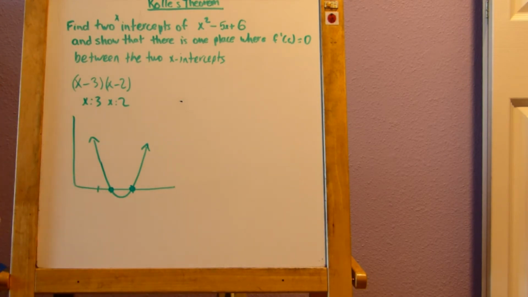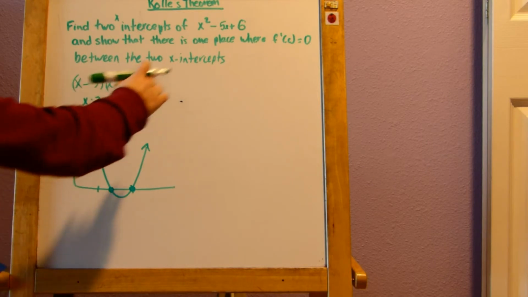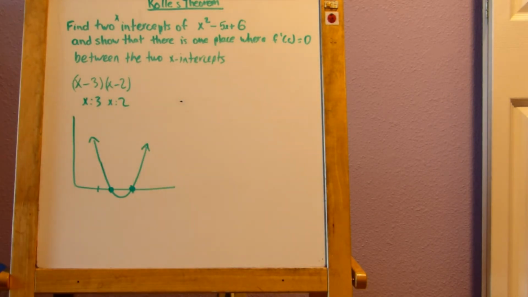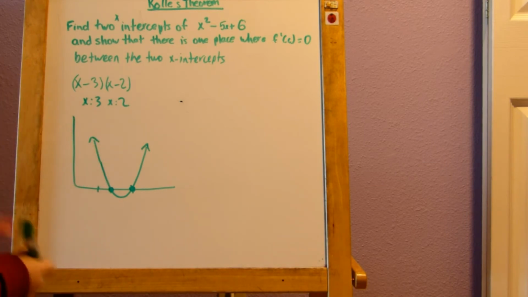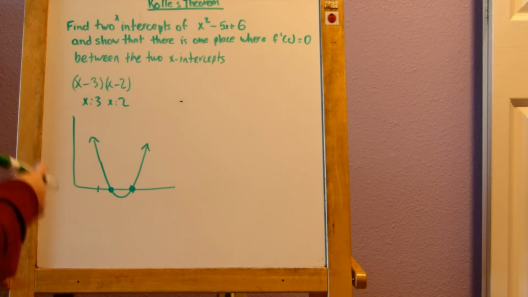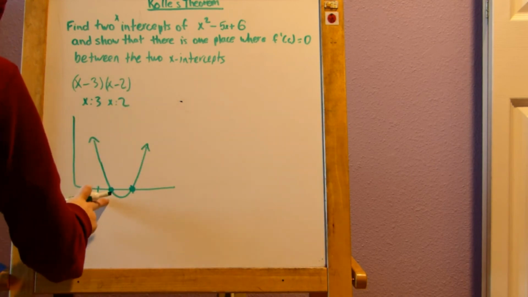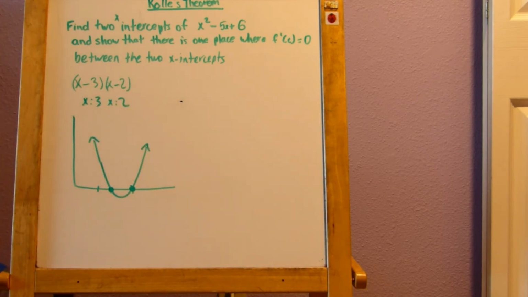Now we have to use Rolle's theorem for this second part. Rolle's theorem says if this is continuous on the closed interval [a, b] and differentiable on the open interval (a, b), and if f(a) and f(b) are the same, there has to be a place.